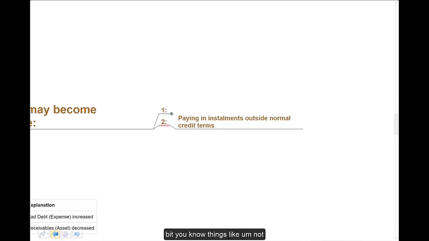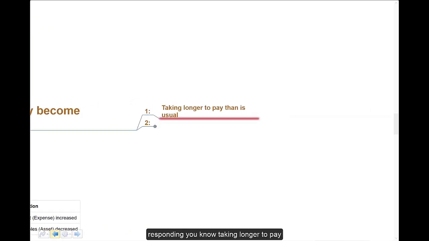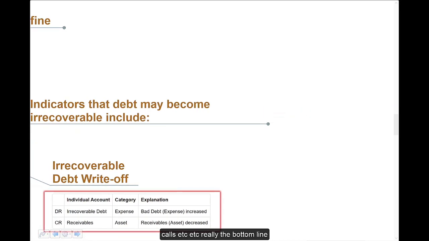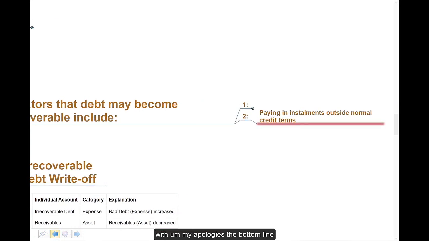Things like not responding, taking longer to pay, being 60 days overdue when our terms are 30, not responding to our calls, etc., etc. Really, the bottom line with irrecoverable debts is, generally speaking, in business, customers tend to follow patterns, whether or not that's patterns of paying within terms or taking a discount or paying late or paying outside normal credit terms.